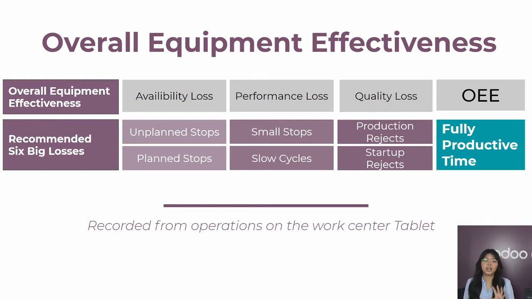Kapag meron kang mga unplanned na mga stops o kaya kapag meron kang mga planned na stops. So minsan yung planned stops mo, yung mga maintenance mo, mga nakaschedule na maintenance. Kapag meron kang unplanned stops, siguro minsan ang nangyayari, nauubusan ka ng mga ingredients mo or nauubusan ka ng mga materials mo for your manufacturing process. Kapag nagsastop yung iyong manufacturing processes dahil dun sa mga rason na yon, that is an availability loss.